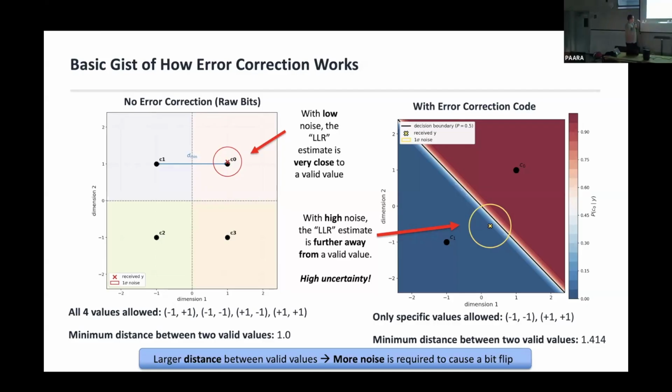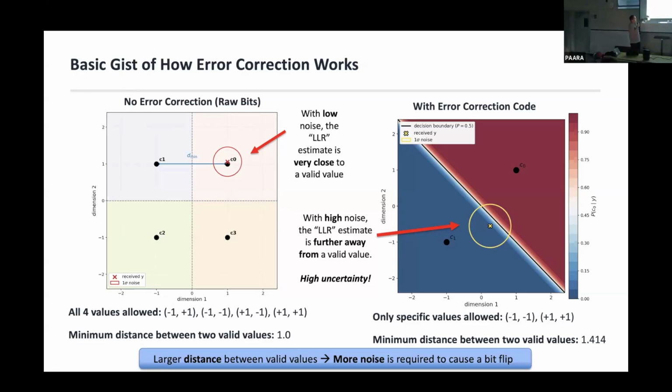So those are the 4 valid values. And you can note that the distance between these is exactly 2, or greater. So in this case, going from the lower left to the upper right, it would be the square root of 2 times that, so it's a little bit larger.